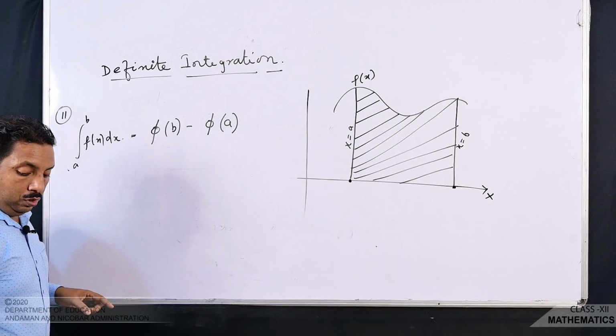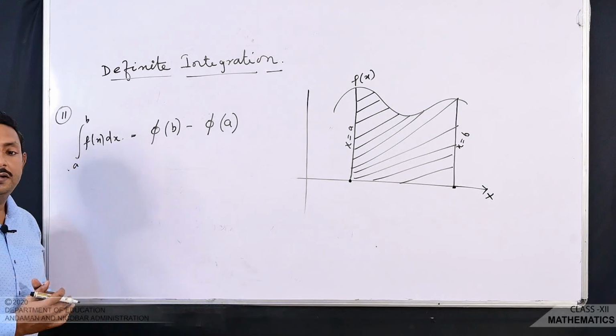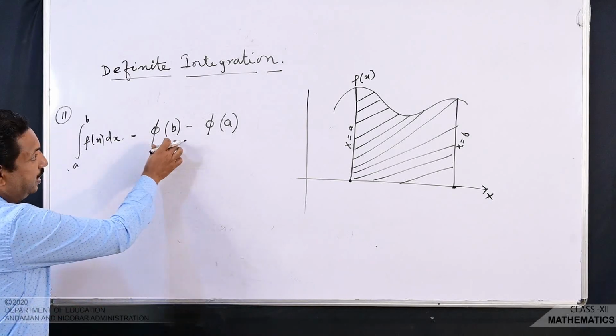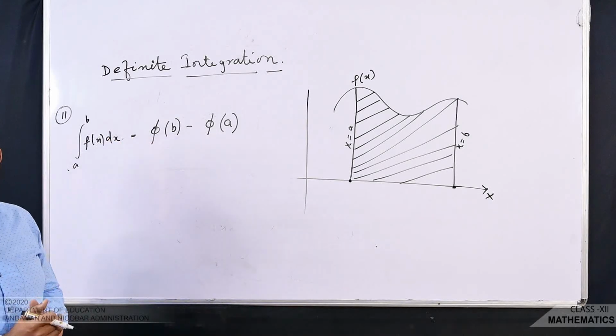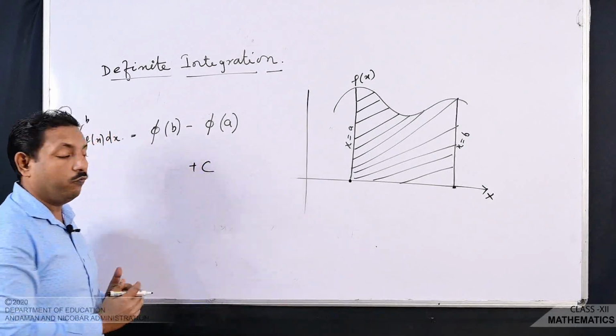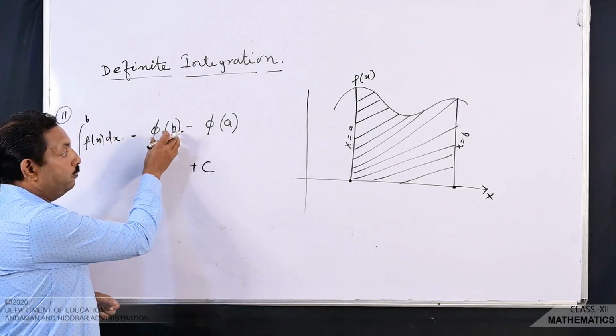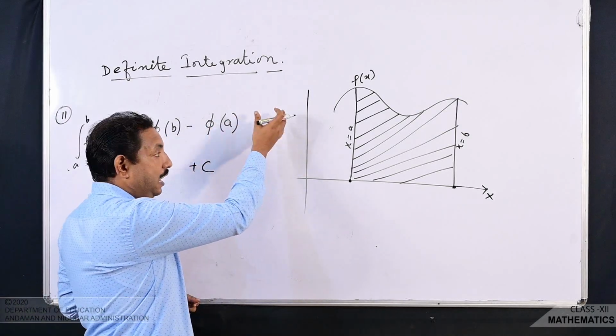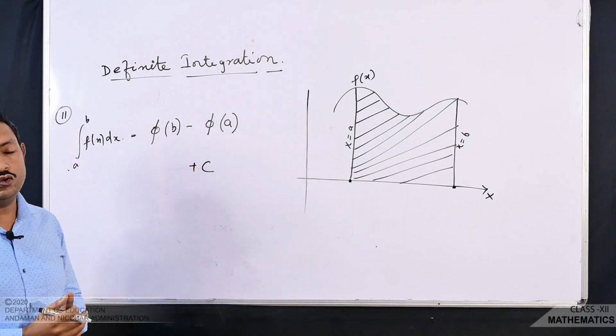Now, after doing integration, we need not use the constant c. Why? Because we get one c here and minus of another c, and that c will cancel out.